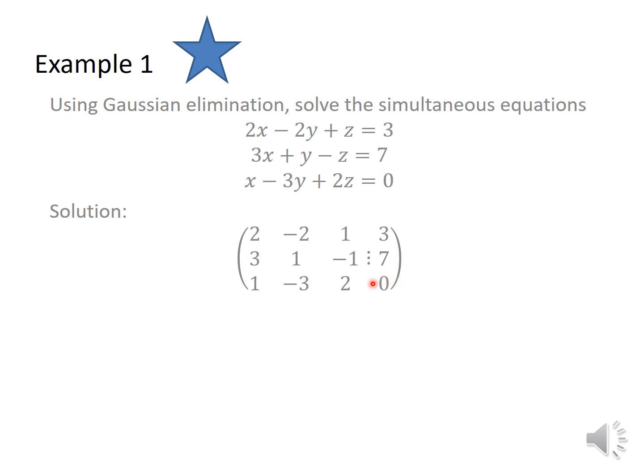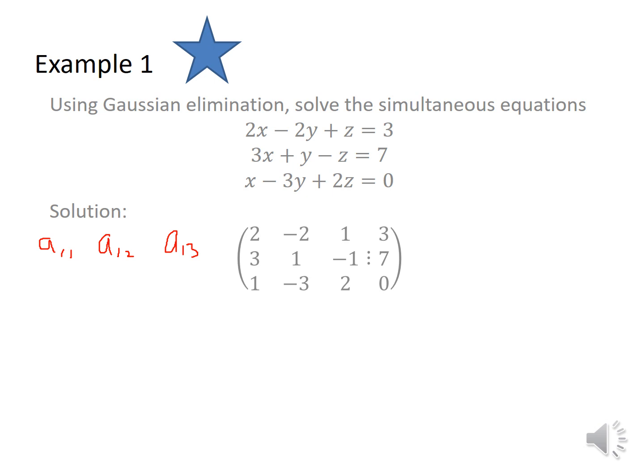Before we perform the elementary row operation, you should identify the coordinate of each element. The 2 is the element of first row, first column. -2 is an element of first row, second column. 1 is an element of first row, third column.